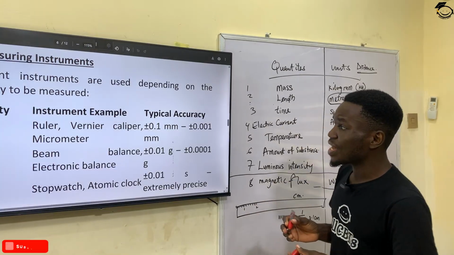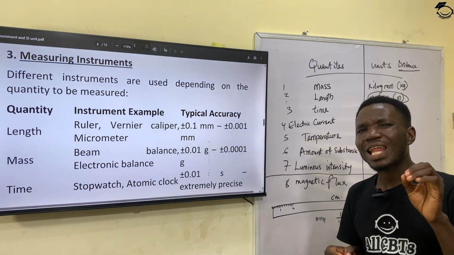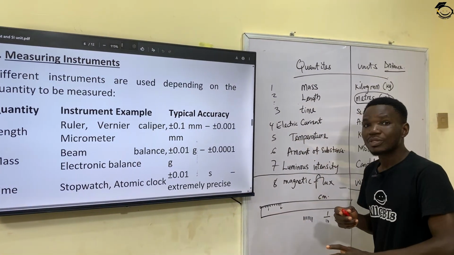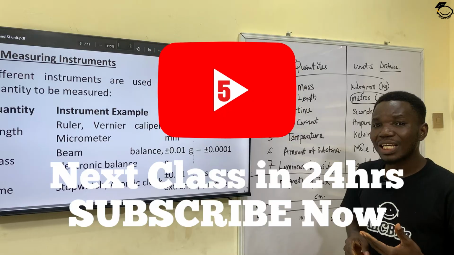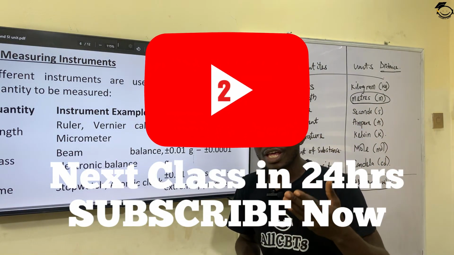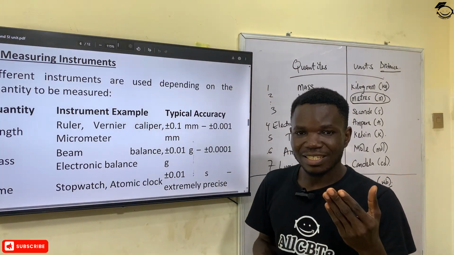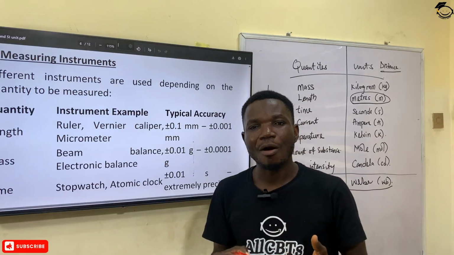But a vernier caliper can measure smaller objects than the meter rule, and can even be used to measure objects that have a hollow cavity, like the inner diameter of a cylinder, or the thickness of my pen or my marker.